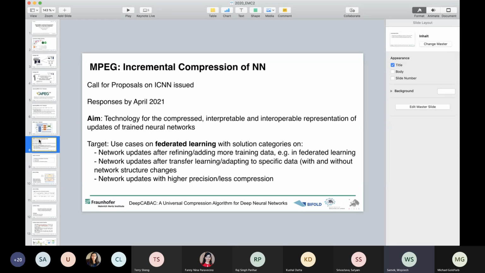There is currently a new call for proposals for incremental compression of neural networks, where we target the federated learning use cases, where we not only want to compress the network itself, but to compress, for example, parameter updates in federated learning, or updates with and without network structure changes. This will be developed in the next year and probably the next 2 years.